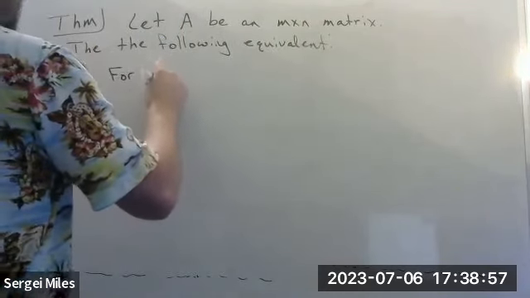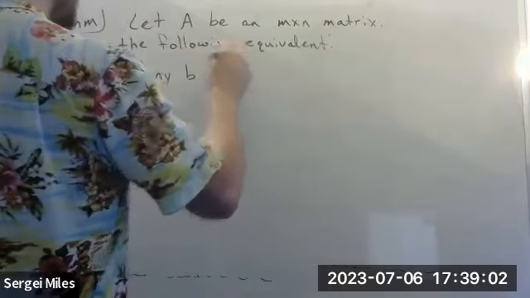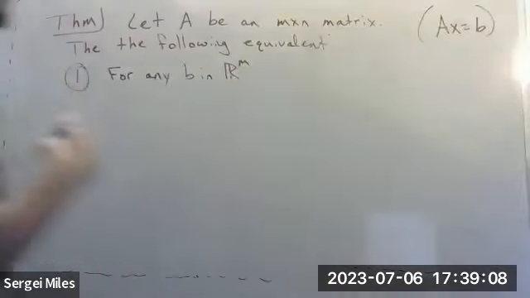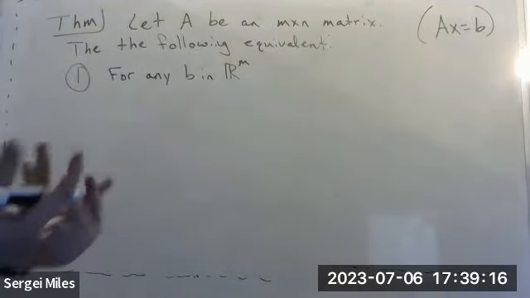for any B in Rm, so note in the back of our mind, we're thinking about this matrix equation, AX equals B. We're thinking, okay, for any B, so we're talking about these possible outputs. These are possible combinations.